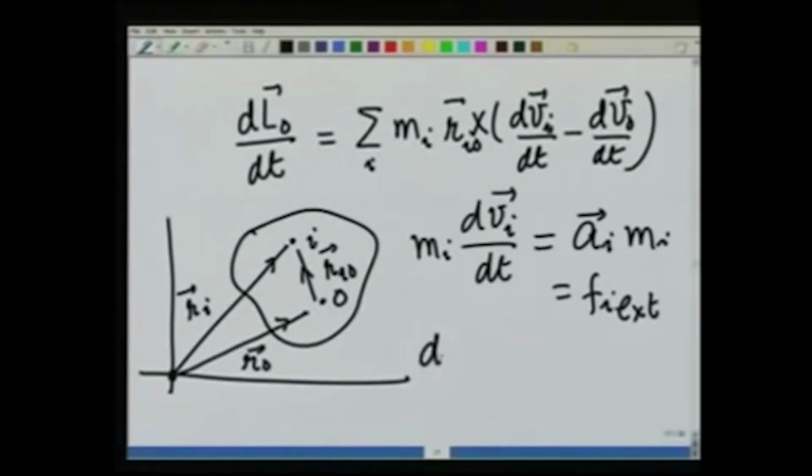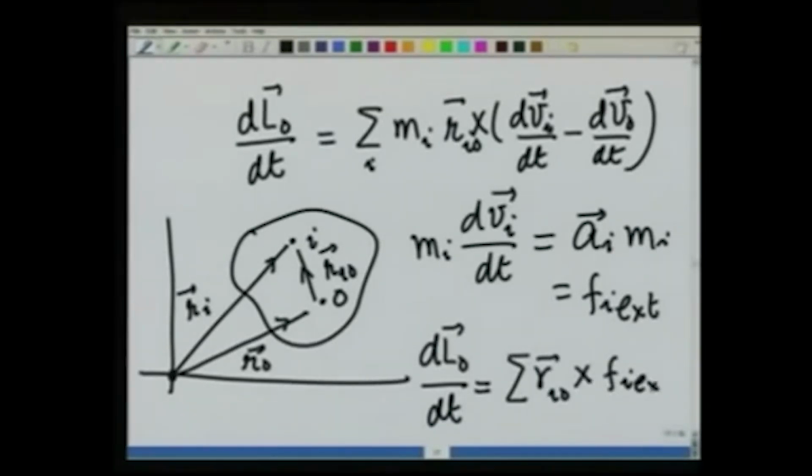Therefore I can write dL_O/dt is equal to summation r_iO cross F_i external minus summation m_i r_iO cross the acceleration of point O.